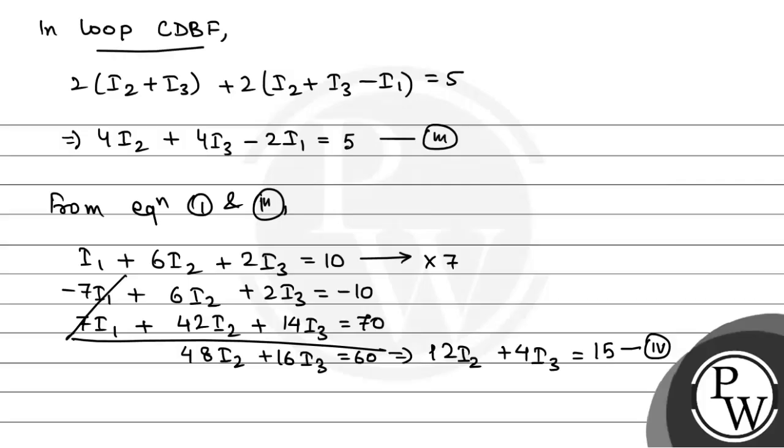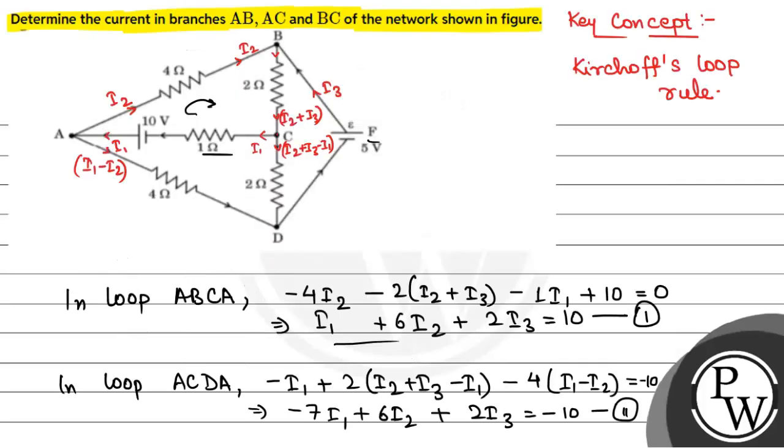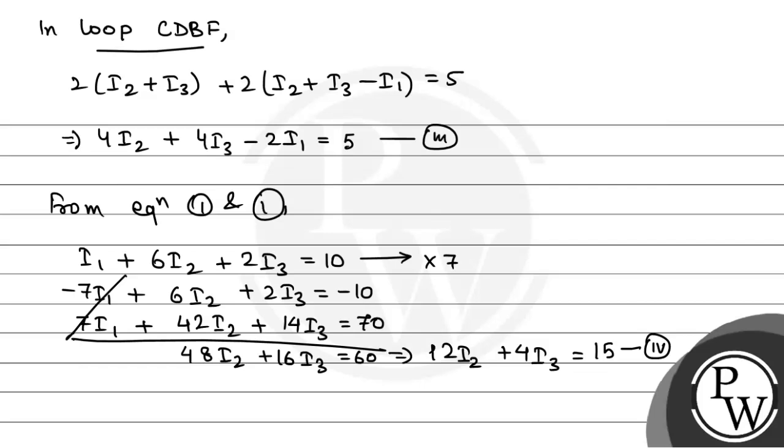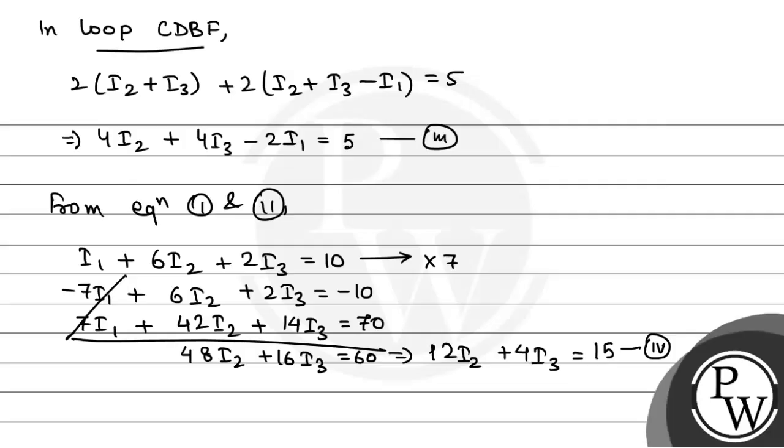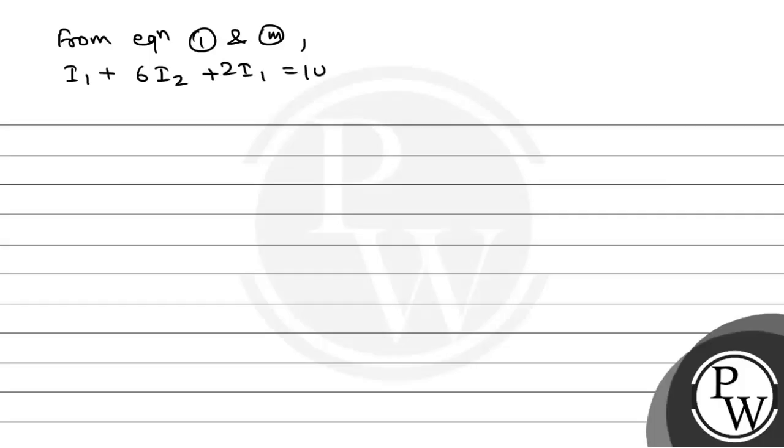Now from equation 1 and 3. Sorry, the earlier one was from equation 1 and 2. Now from equation 1 we have I1 plus 6I2 plus 2I3 is equal to 10, और हमारे पास इक्वेशन 3 है that is minus 2I1 plus 4I2 plus 4I3 that is equal to 5.